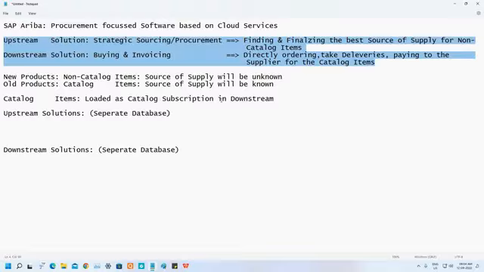Yes. One of the most important breakthroughs you can understand here is that these are two different databases. The majority of Ariba functional consultants think that catalog items are available not only in downstream but also in upstream, and that's a very wrong assumption. Please keep this in mind.